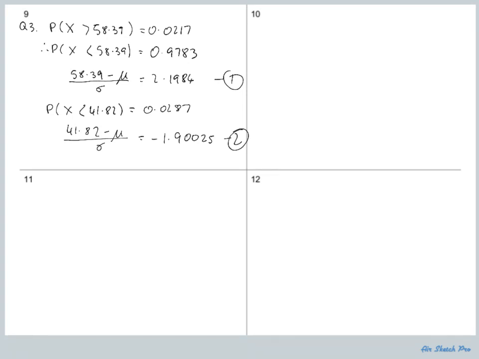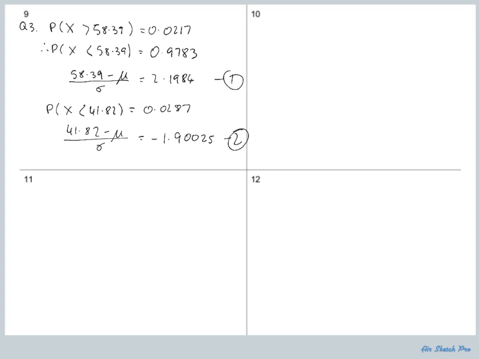Remember, I said X was going to be used for the mean, so minus X close bracket divided by Y equals, where's the equals button? There it is.